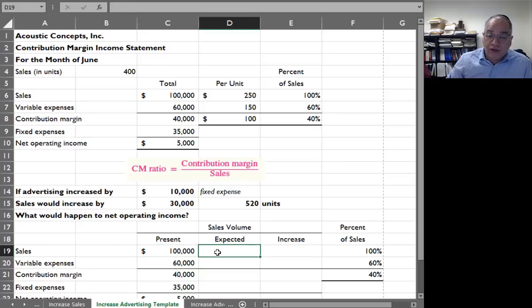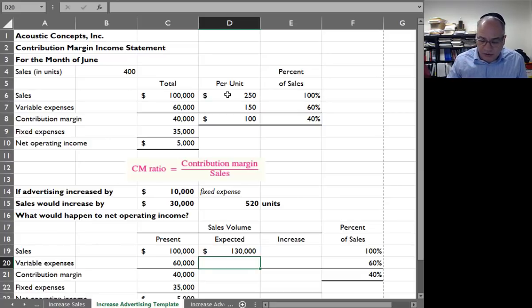Sales would no longer be $100,000, right? Sales would be 520 units times $250 or $130,000. That's sales increasing to $130,000 as it was before.